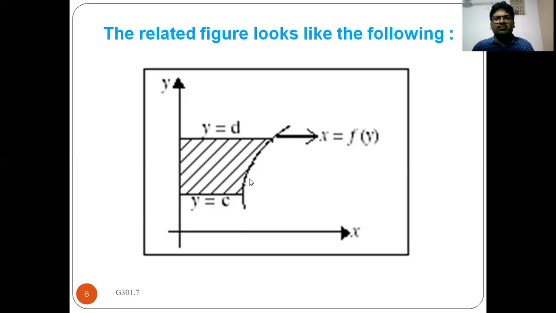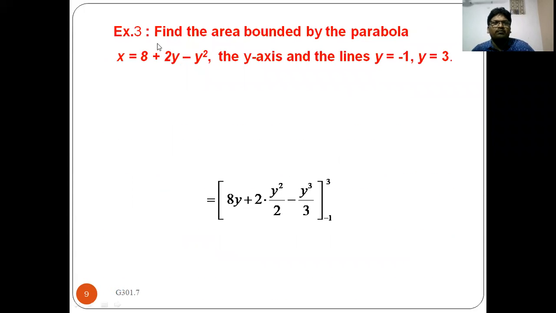Then draw the curve x equal to f of y. This enclosed region is the required area of the given curve. See one problem: find the area bounded by the parabola.